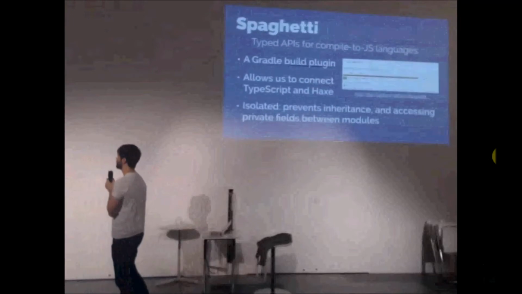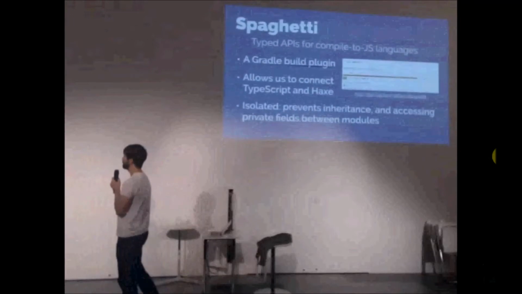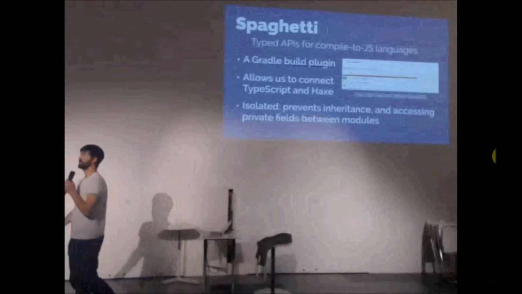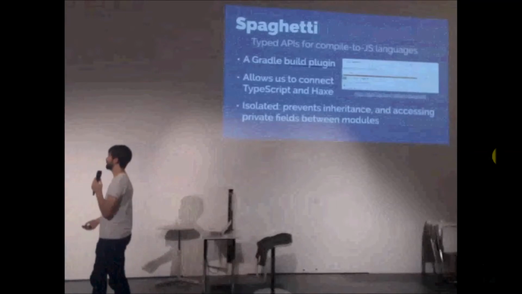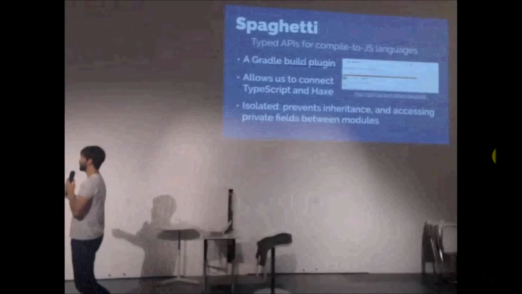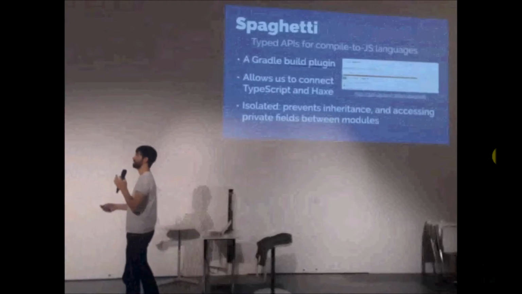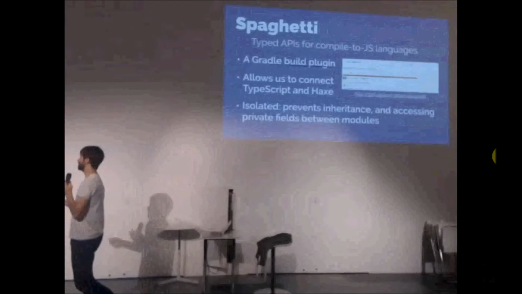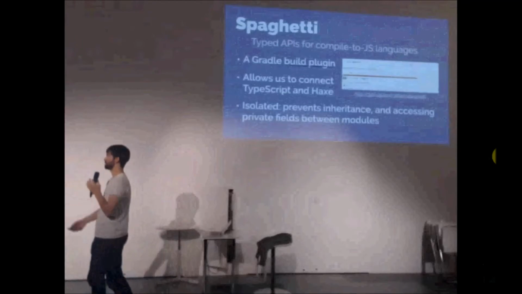So we created this tool called Spaghetti, which is open source on GitHub, and it's a Gradle plugin that integrates with our build, and it allows you to use these interface definitions from TypeScript or Haxe. And then it will compile the whole module into one JavaScript file, and only the interface will be exposed to other JavaScript files.